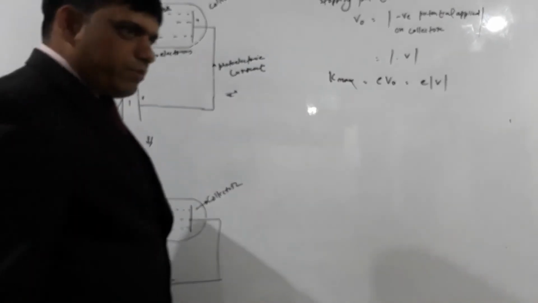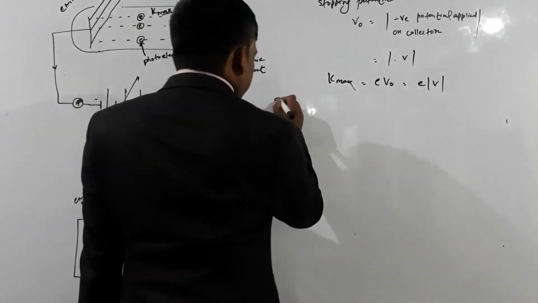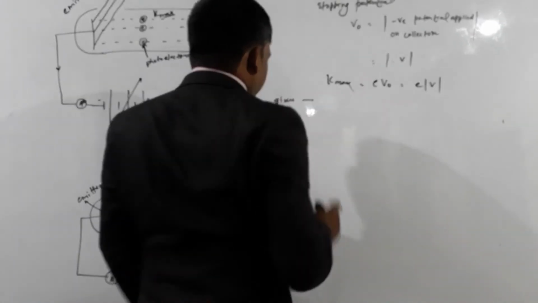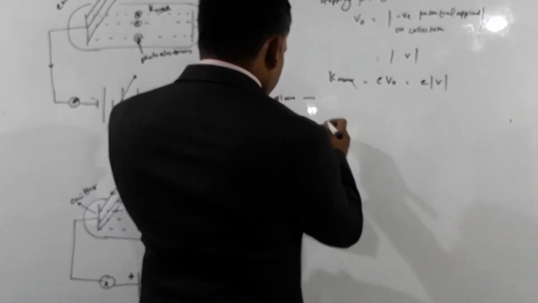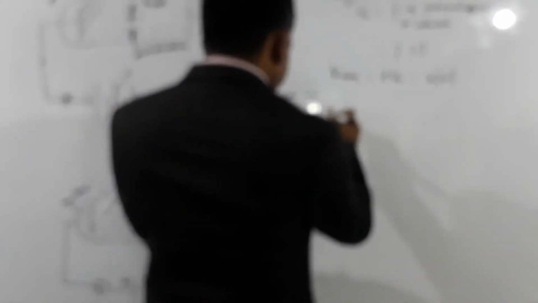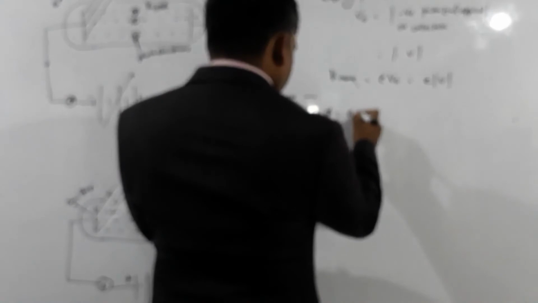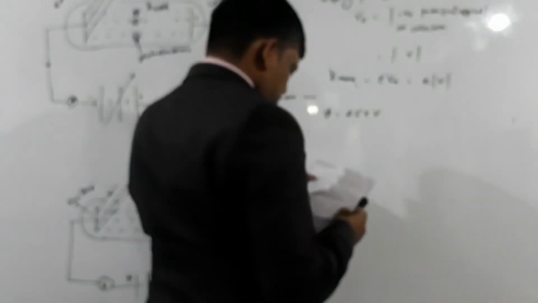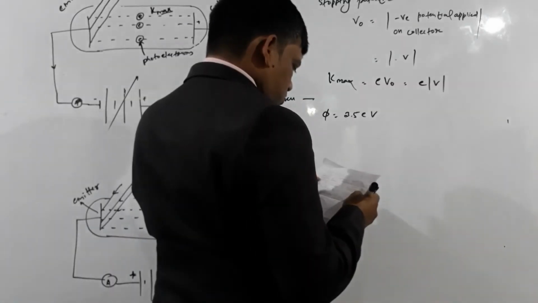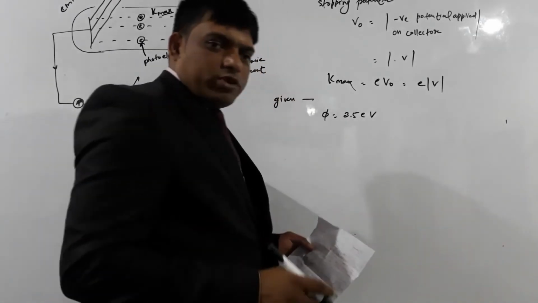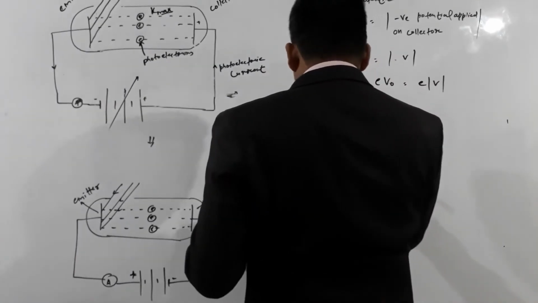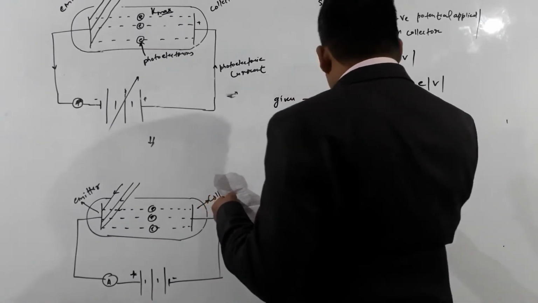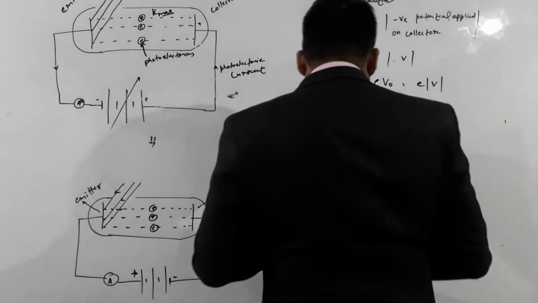Now according to the question, it is given that the work function of the metal is phi = 3.5 electron volt, and also the negative potential applied on the collector is given, V = -1.2 volt.